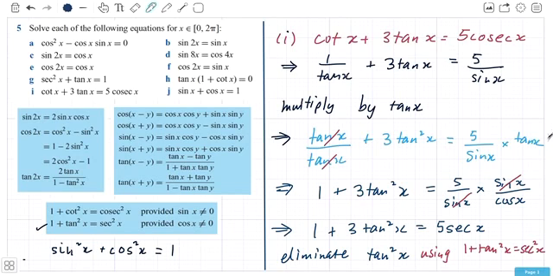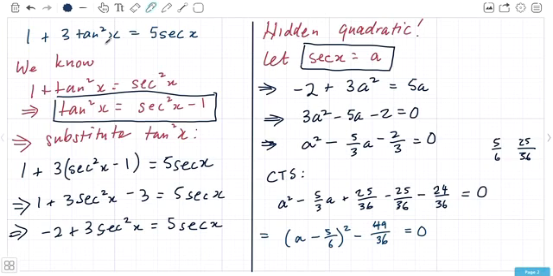Here, taking this expression now and eliminating one of the trigs so you're not dealing with 2 things, you know what tan squared x is. You can express that in terms of sec squared x. So it makes sense to have everything in your expression with just sec, whether it's squared or whether it's the power of 1. This is then a hidden quadratic, which you can solve. We used completing the square.